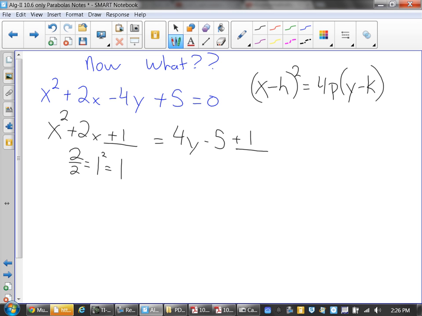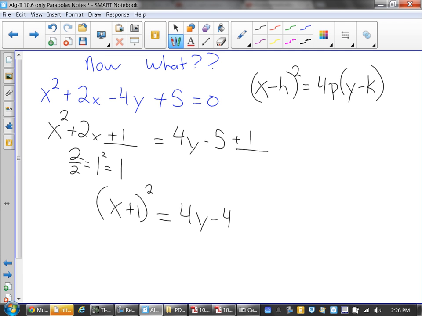What goes within your term then was the half of b. So what was half of 2 again? 1. So it's going to be x plus 1 quantity squared equals 4y minus 4. I'm almost done.